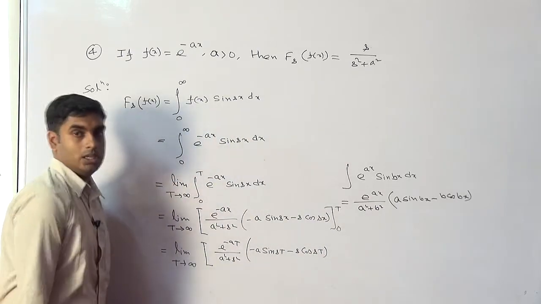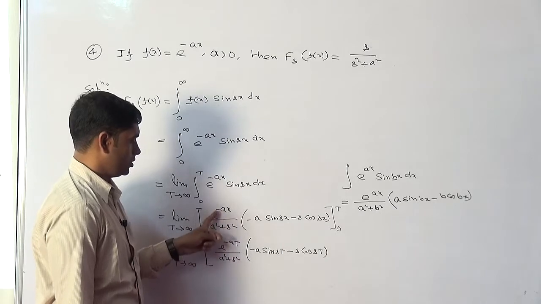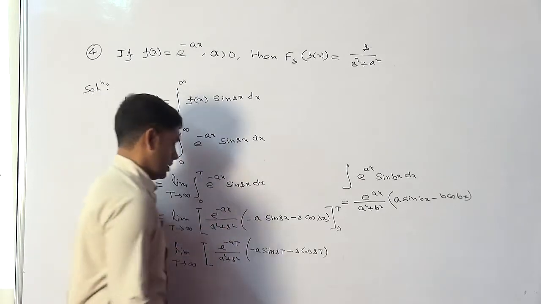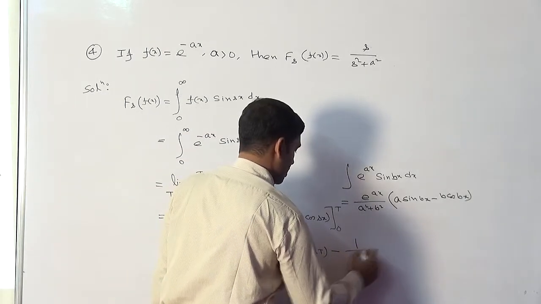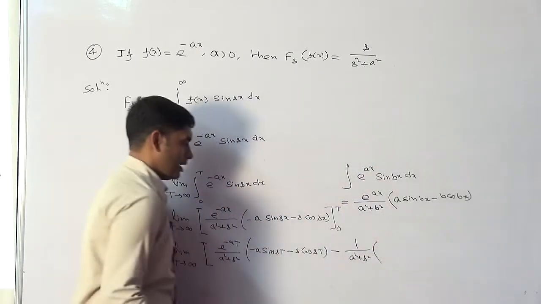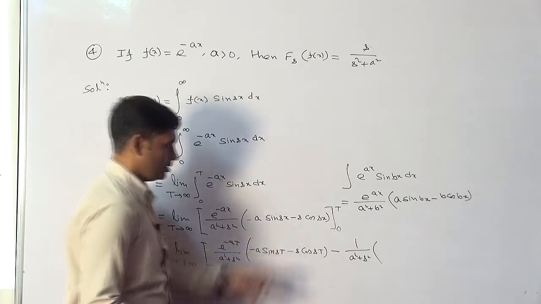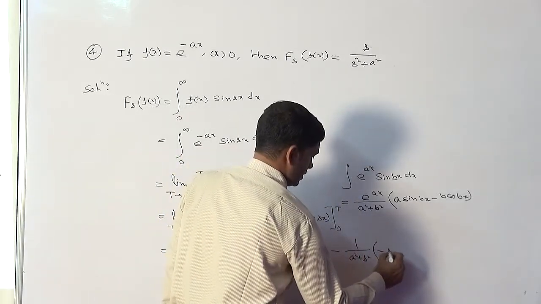Now for x equal to 0 it will be 1 over (a squared plus s squared), and then for 0 it will be minus s.